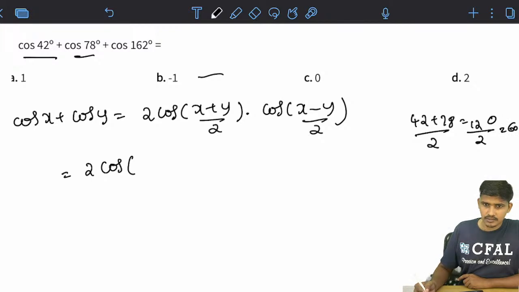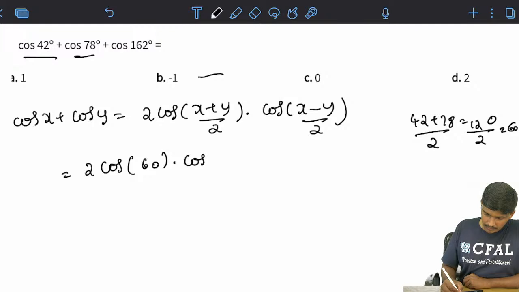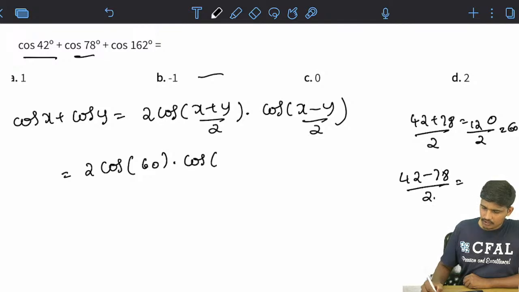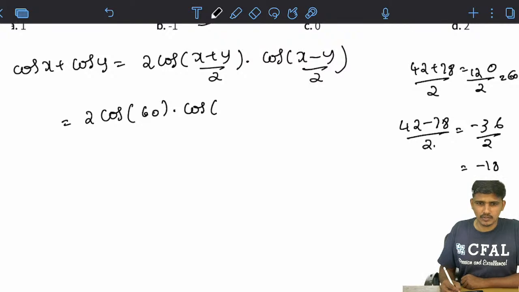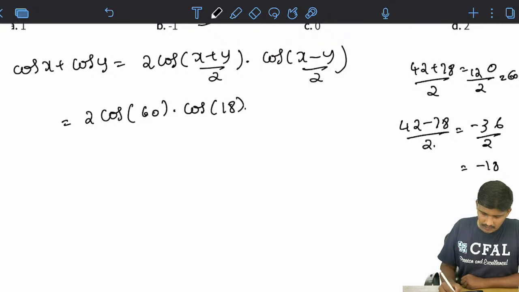Then into cos of (42 minus 78) by 2, which is minus 36 by 2, equal to minus 18. Cos of minus theta is the same as cos theta, so no problem with that. This is just cos 18.